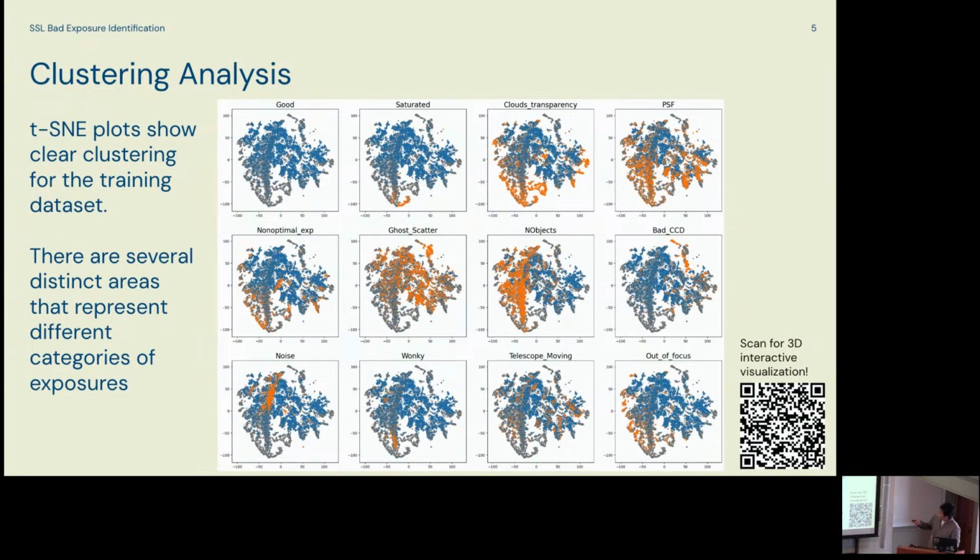For example, we know cloud transparency resides in the bottom part, and some of them, for example, ellipticity usually occupy the top right part. But some of the cases, for example, ghost and scattered light, which are very complex, actually overlap quite a lot with the good cases, which we don't really want.